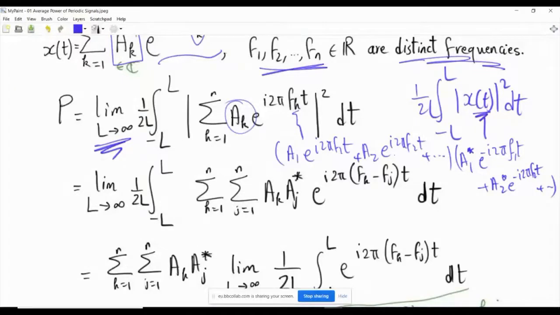So basically, we will have two brackets, each bracket having n terms, and so when we multiply them together, we will have n squared terms. Okay, and so we can write basically the magnitude squared of a summation as a double sum. We have n squared terms, and then we have k from 1 to n, j from 1 to n, a_k a_j conjugate, and then e to the i 2 pi (f_k minus f_j) t.